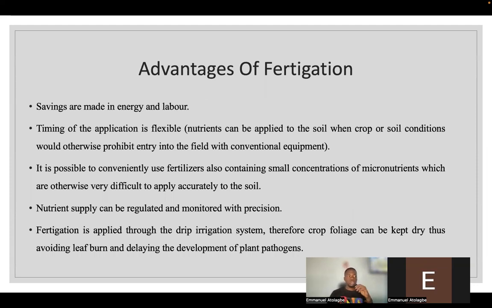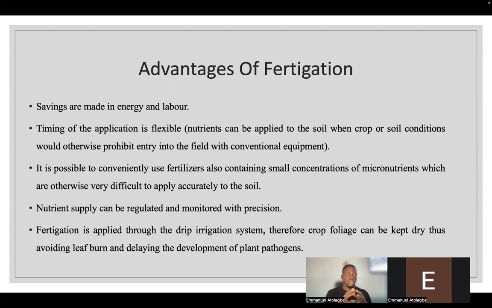Compared to the conventional way of irrigating your plants, where you make use of a watering can, buckets, or a big bowl to singly give your plants nutrition, when you are supplying the whole plant at the same time, it saves you manual labor, saves you time, saves you energy.